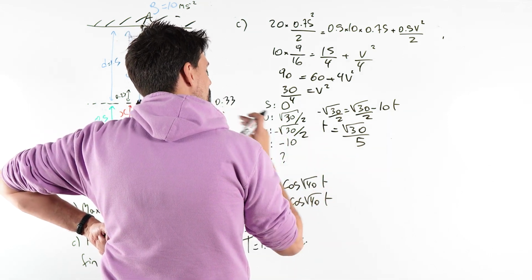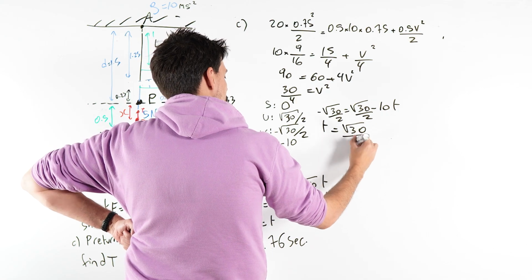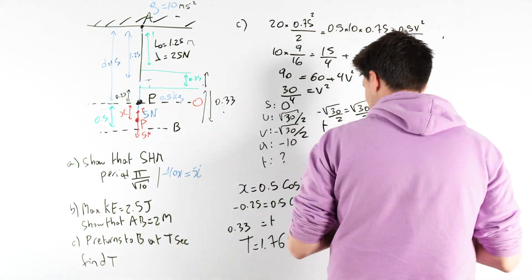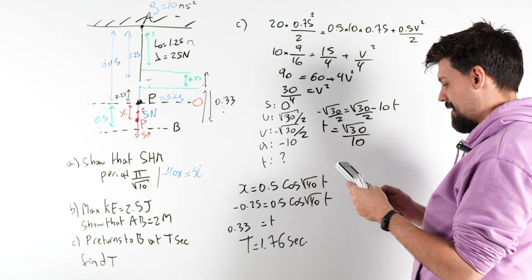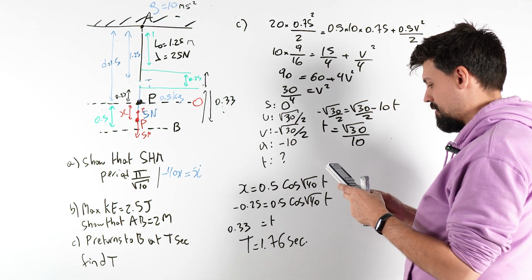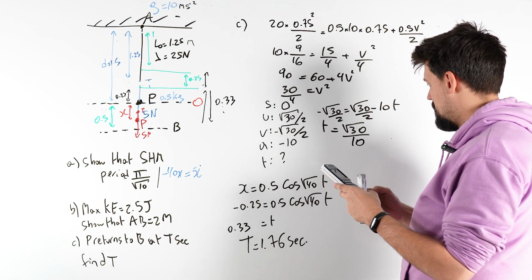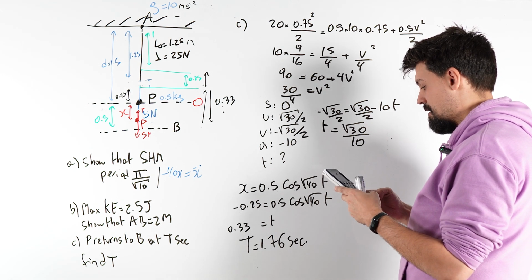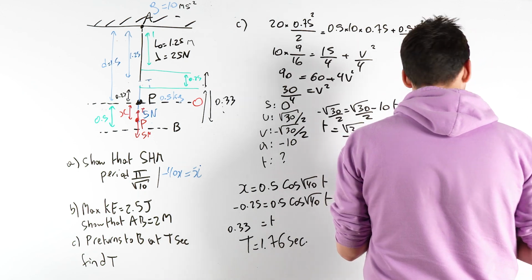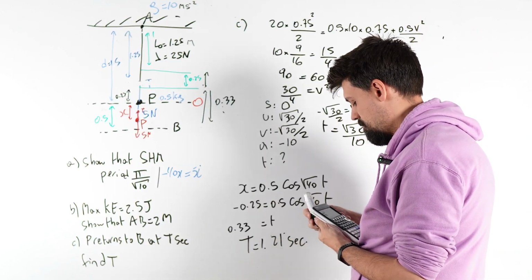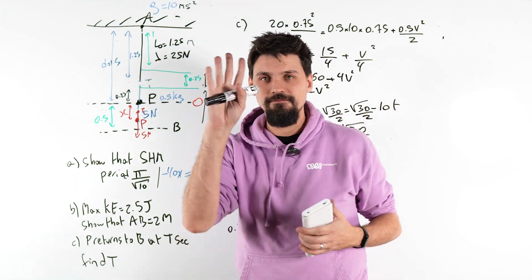So that's root 30 over 10, I do believe, which gives us 0.662306 plus root 30 over 10, 1.21. Is that better? Just fixed it. Don't mind me.